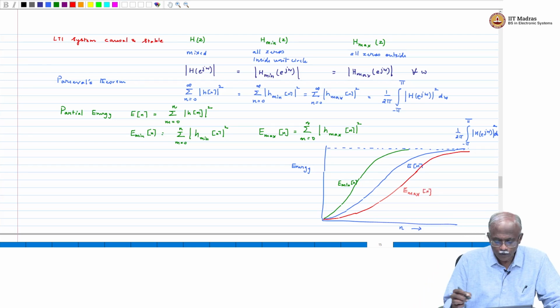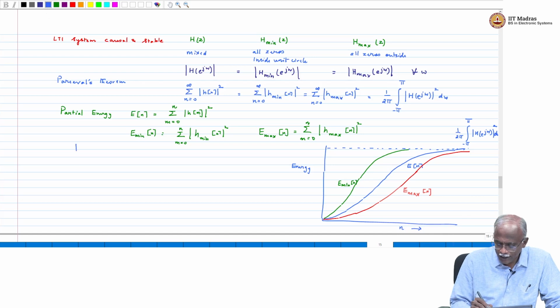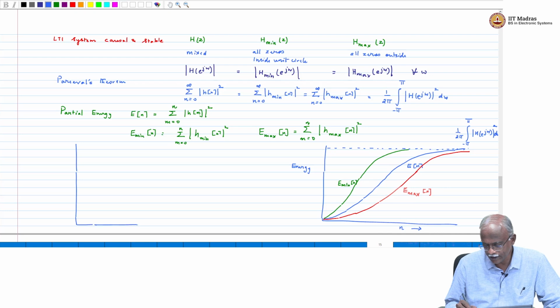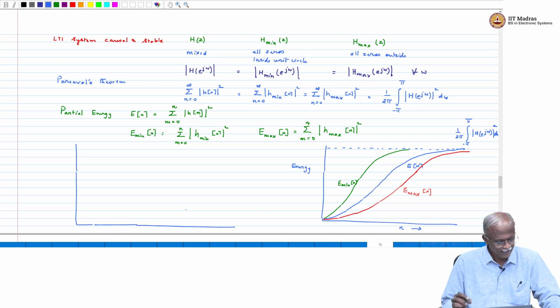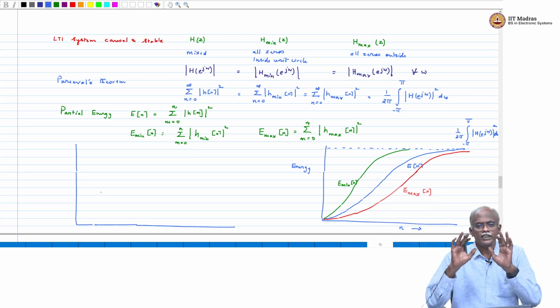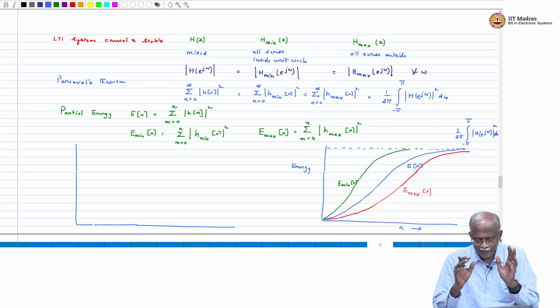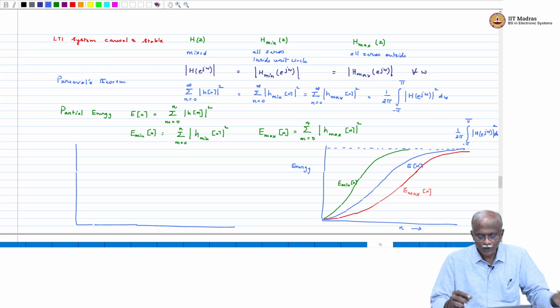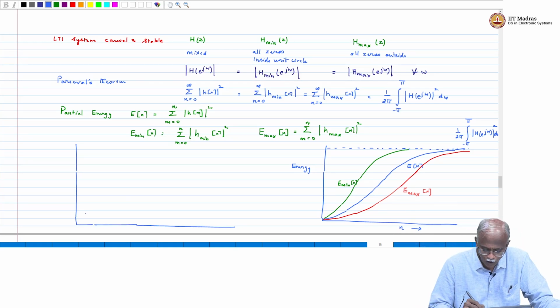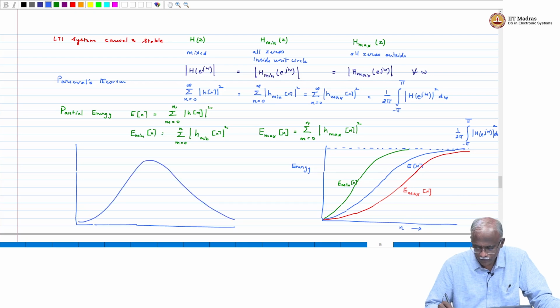Now it becomes very curious to ask, what do the impulse responses look like? Why is it that this particular behavior is present? This is more of a conceptual diagram. Suppose the impulse response of the mixed zeros transfer function looks like this, like the sinc function.